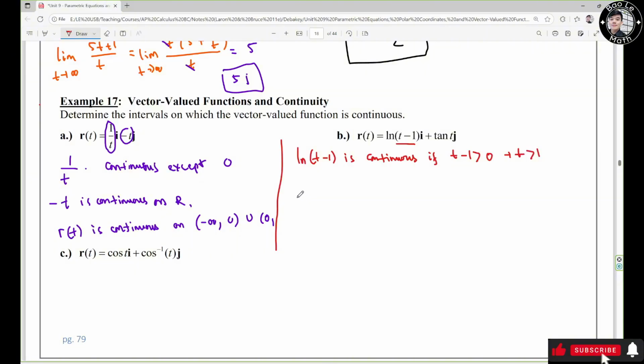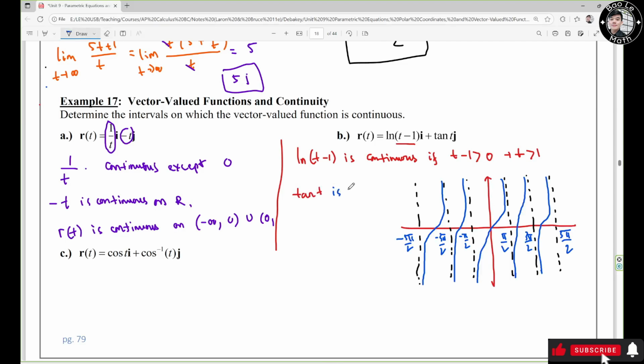Now for the tangent function of t. Now remember you learned from IB pre-calculus. The tangent function is continuous except n times pi over 2, where n is an odd integer.